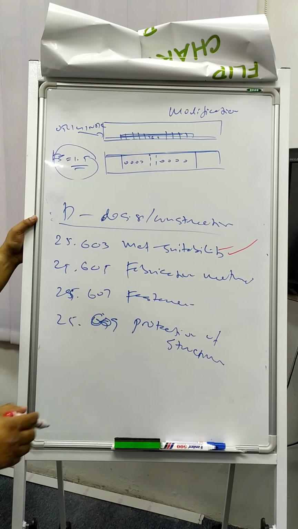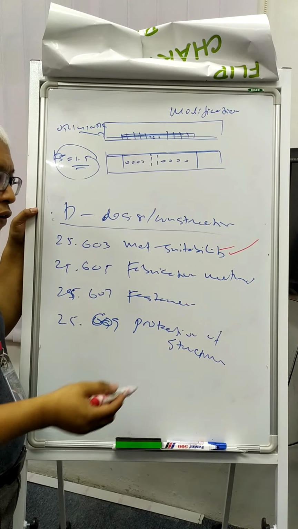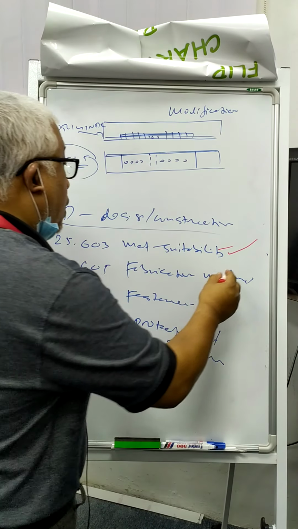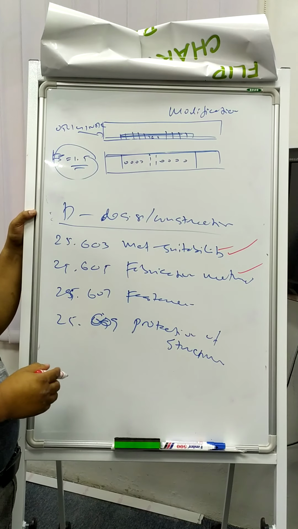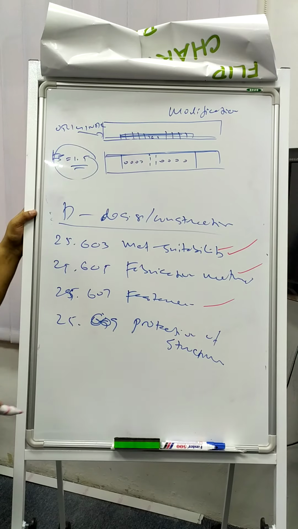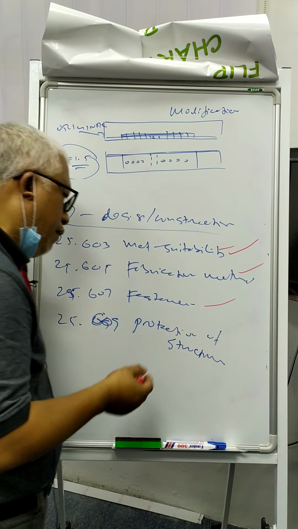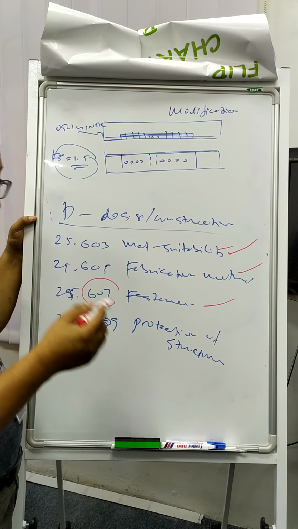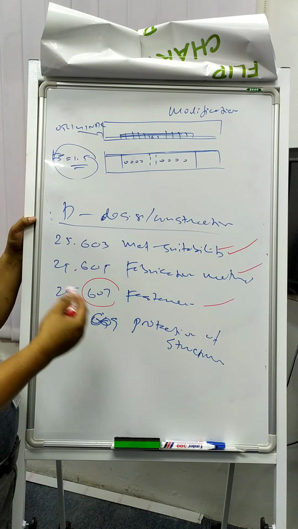Fabrication method, for the fabrication you always go back and refer to the manual. All the standard practices and manual, you go back and refer, then we have no problem with the fabrication methods. Fastener, whatever fastener is listed in the manual, you use. If you are not using whatever is listed in the manual, then you have to do a different justification. You may have to do another test, you may have to do detailed analysis.